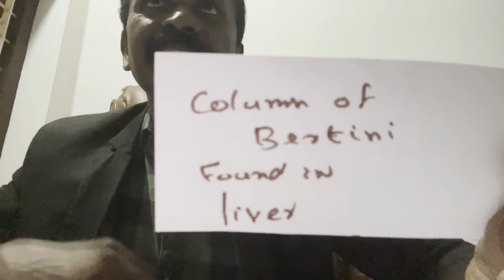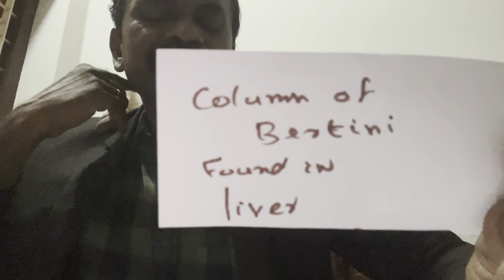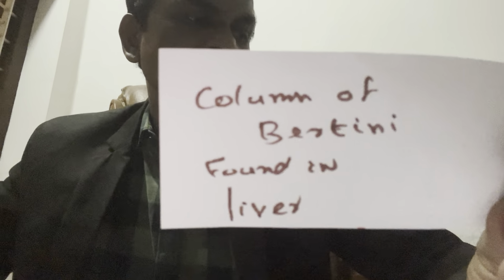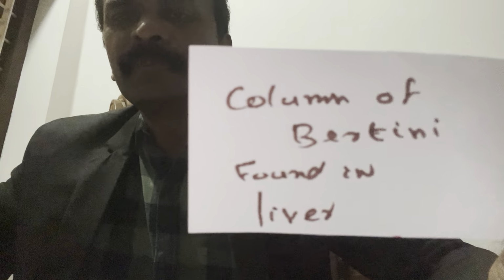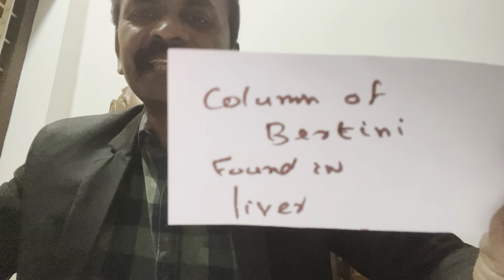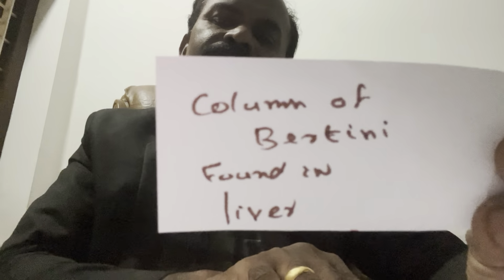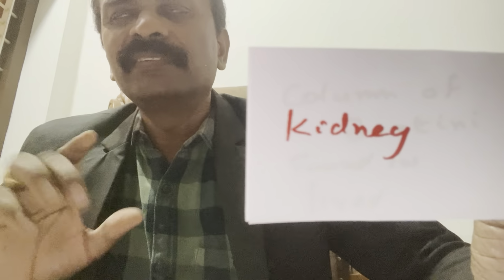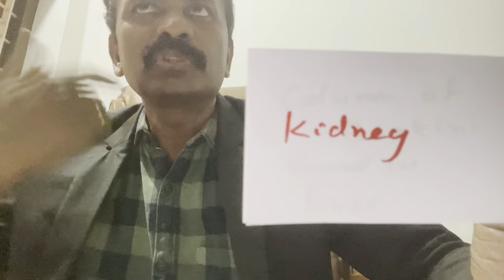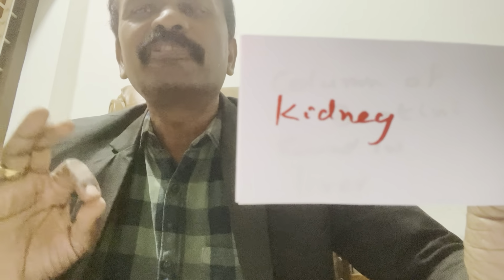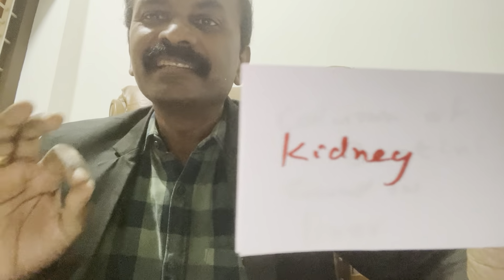Column of Bertini is found in liver. True or false? Kidney. Whenever you see the word kidney, you must know the question. Oh, column of Bertini is found in kidney.